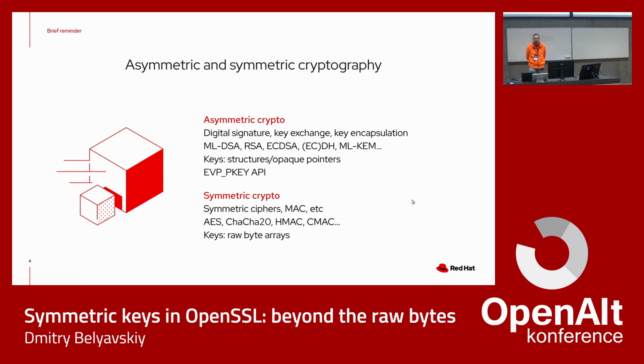AES is the most important cipher algorithm. HMAC and CMAC imply that you use some low-level cryptographic algorithms such as hash for HMAC or symmetric cipher for CMAC, and a secret key as an input. And normally in OpenSSL library, keys were represented as raw bytes array.